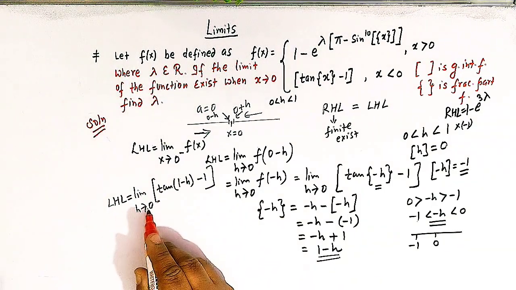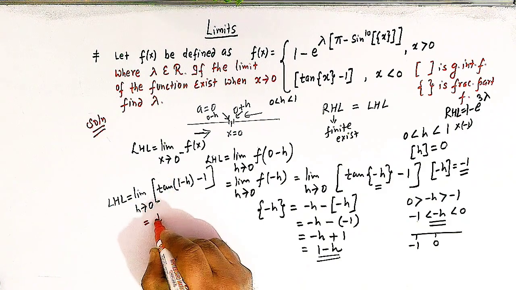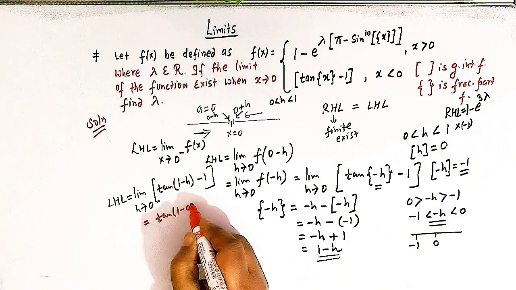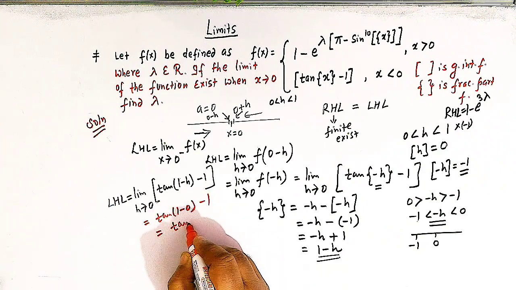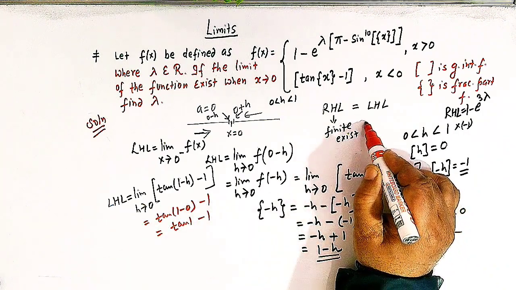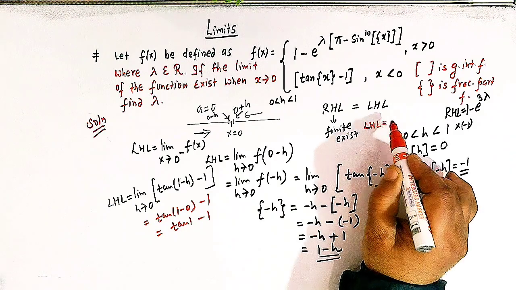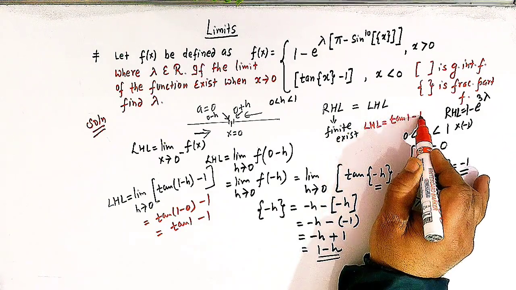So now h tends to 0. So here we have tan of 1 minus 0, minus 1. So this is tan of 1 minus 1, right? So the left hand limit is equal to tan of 1 minus 1.